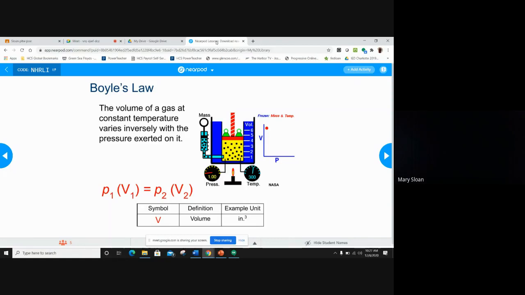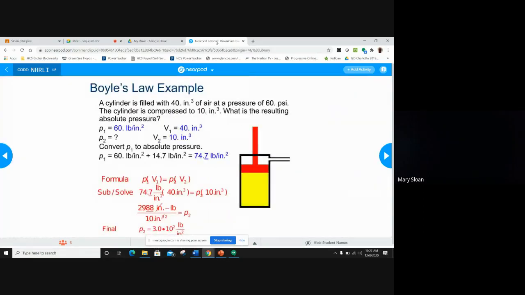Okay, so now let's look at the next slide. On this one, it tells us a cylinder is filled with 40 inches cubed of air with a pressure of 60 psi. The cylinder is compressed to 10 inches cubed.